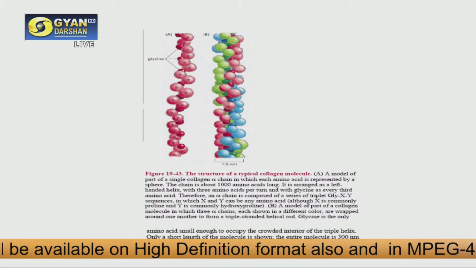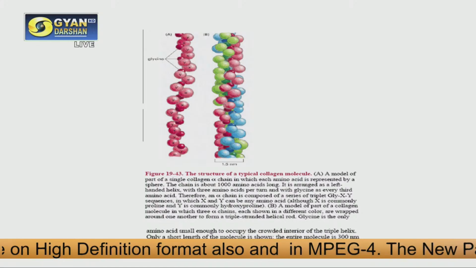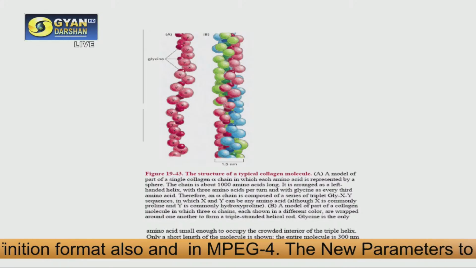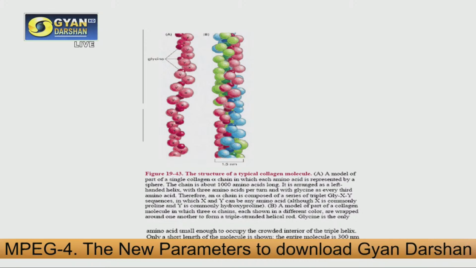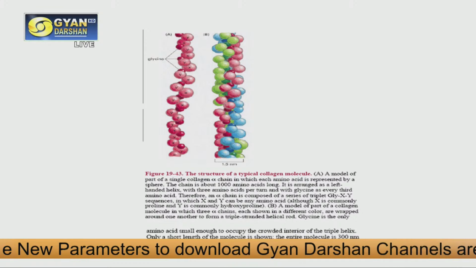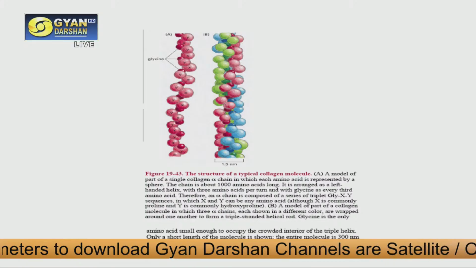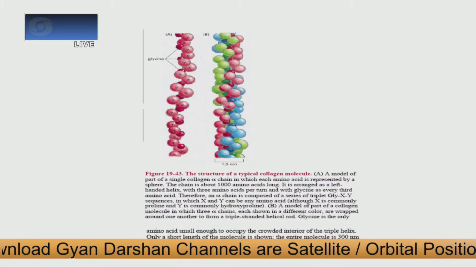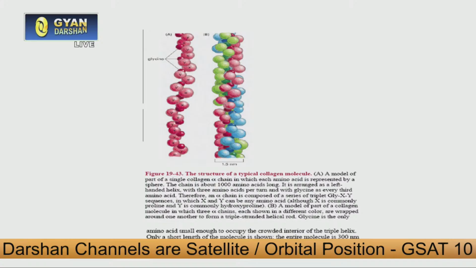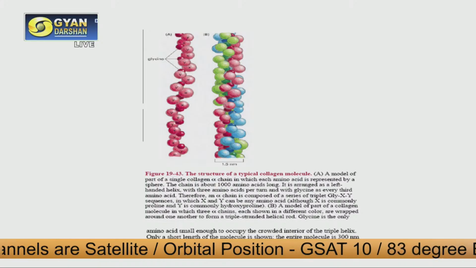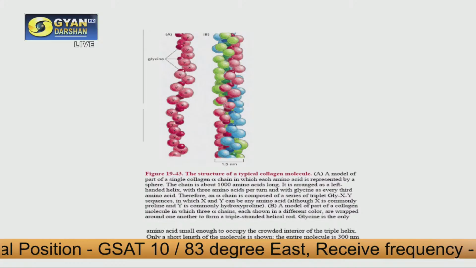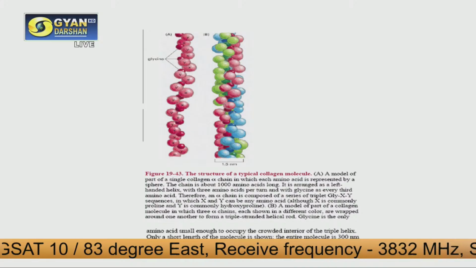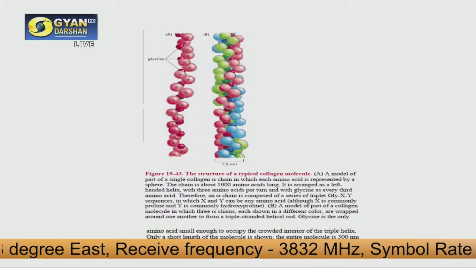Now what does this diagram show? If somebody asks you what are the salient features of the structure of a collagen molecule, then what are the points that you are going to mention or write? Number 1, this collagen molecule is about 1000 amino acids long.